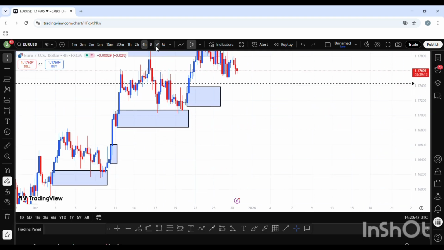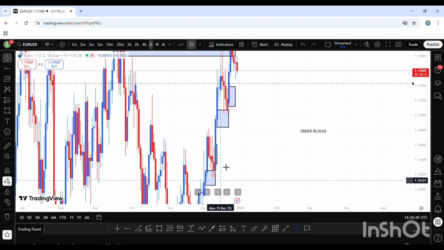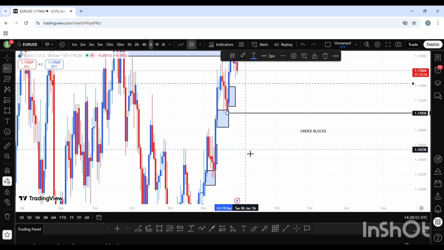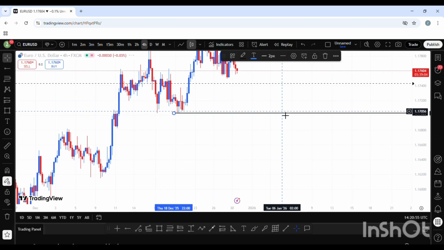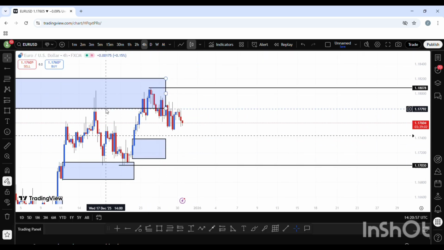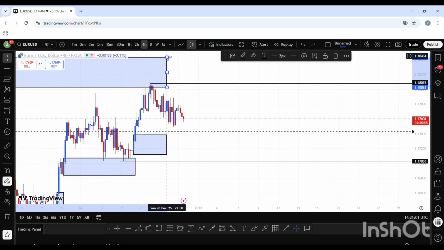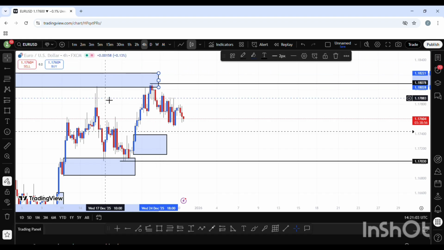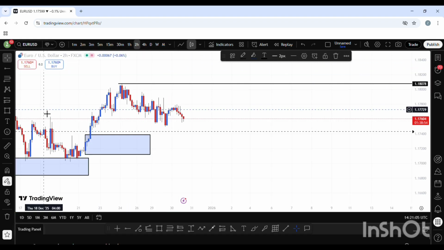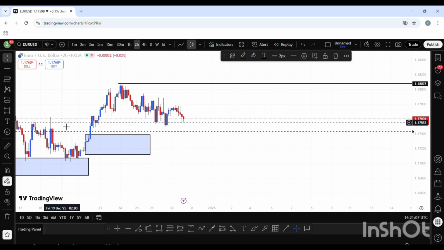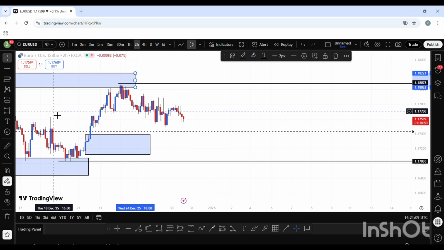I'm also analyzing Euro USD so that we can see if we can get an entry either today or tomorrow, whichever day the market will come to our point of interest. I'm sure you'll notice I have labeled some order blocks POI. POI to me means point of interest. That's just an abbreviation, nothing too complicated.